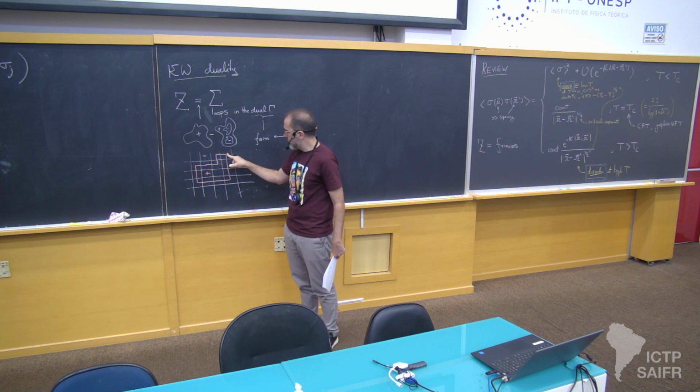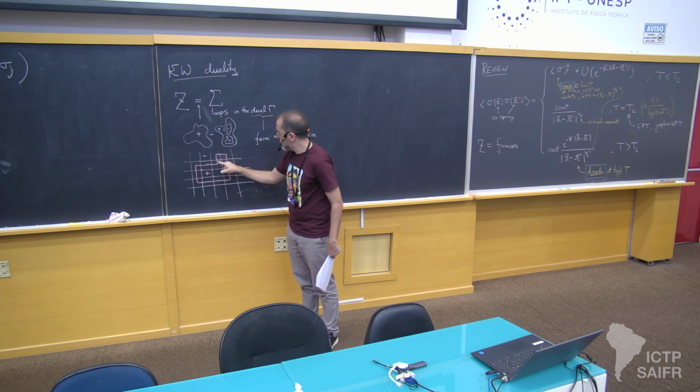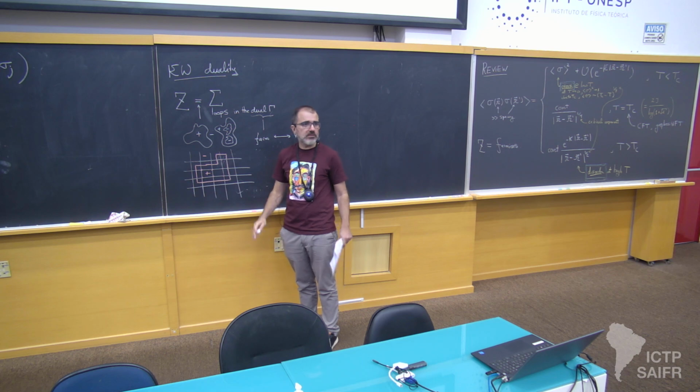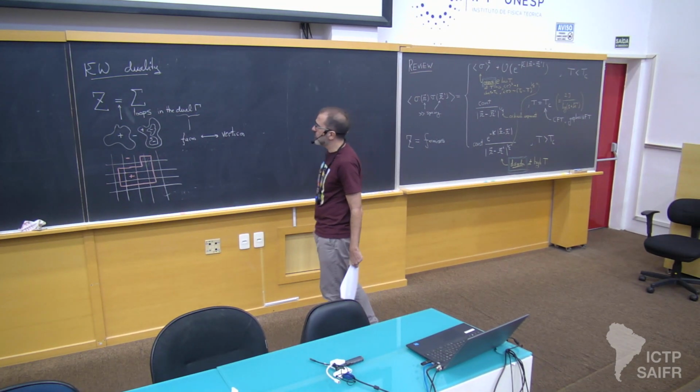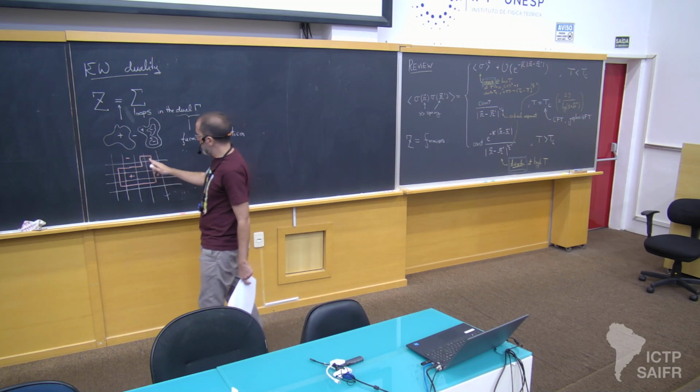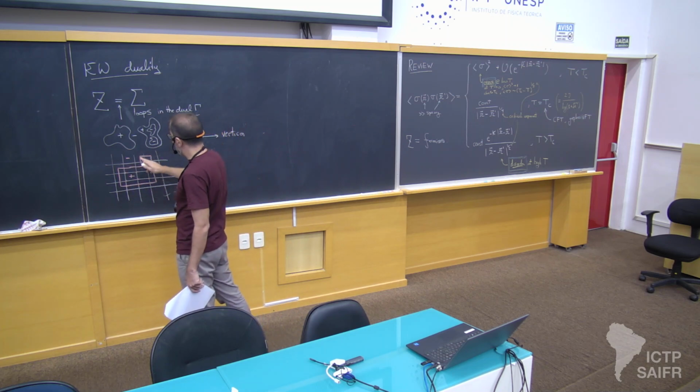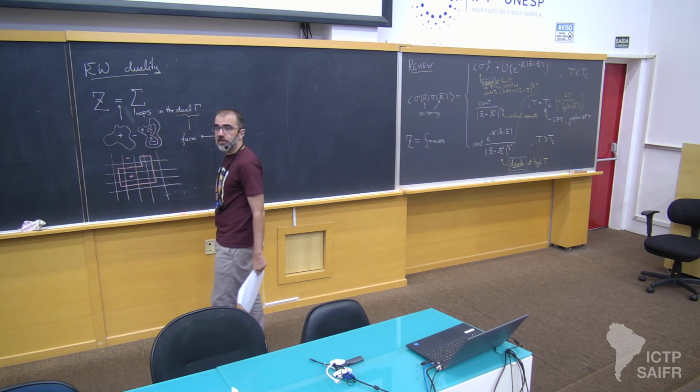So a vertex of this red line was a face of the original lattice, and similarly, a face of this red lattice was a vertex of the original one. This is the usual duality of lattices, where you replace faces and vertices. And clearly, we can write that summing over configurations is summing over loops of the dual lattice.